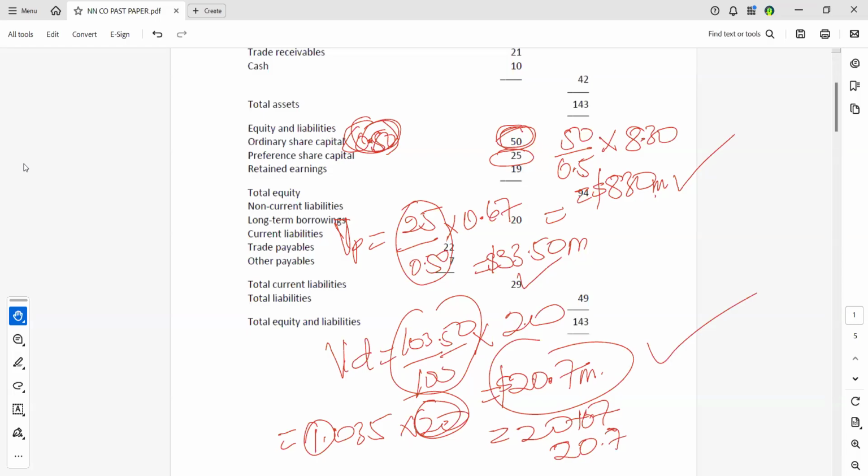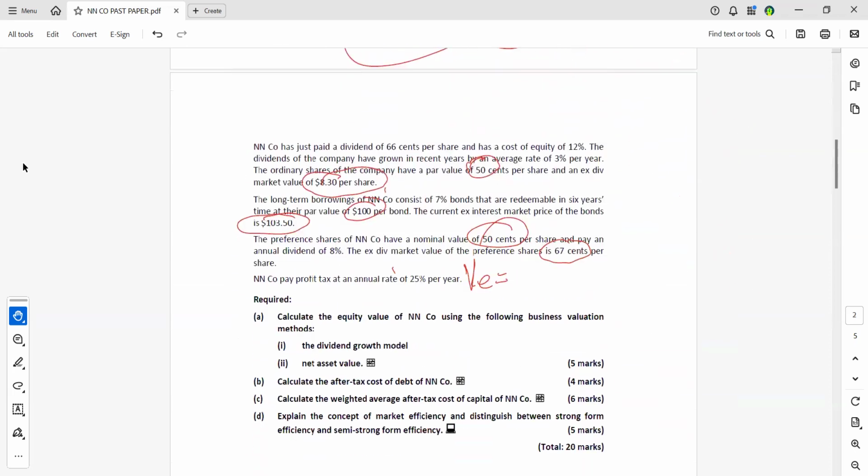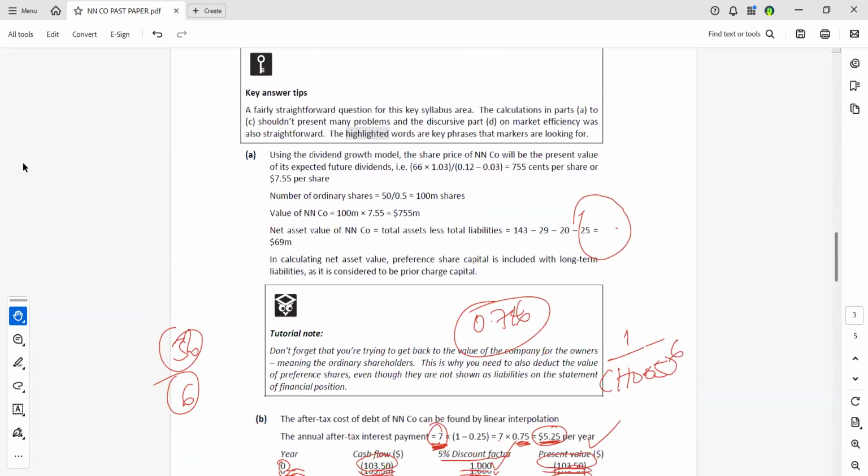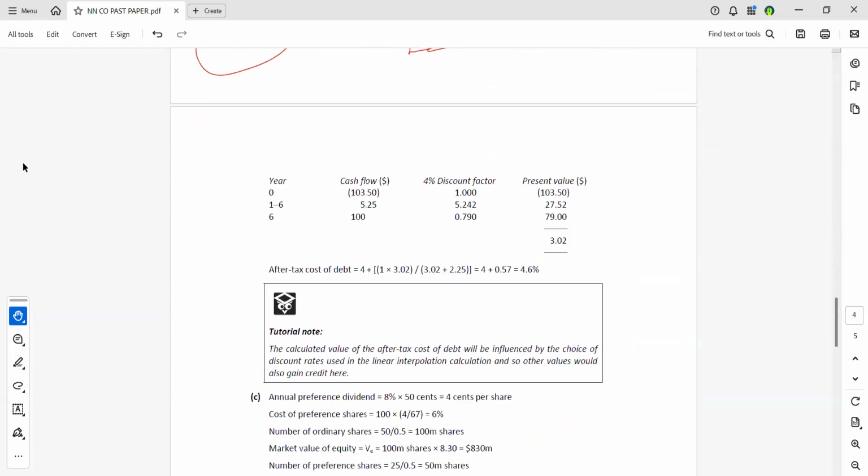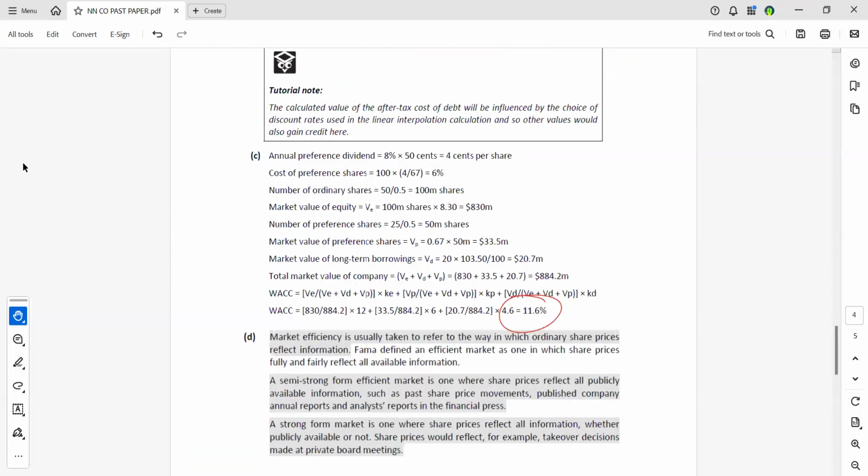Now, I have all the ingredients that it takes to calculate my WACC. Let me just go and see what the examiner gave us. Good. So here, oh, excellent. We have this 6% here. We have this 830 here. We have this 33.5 JC gave us. Then 20.7 Sonia gave us.